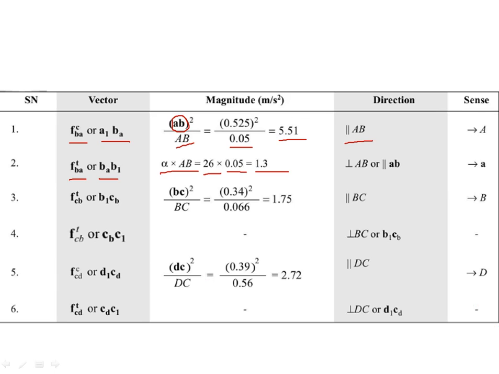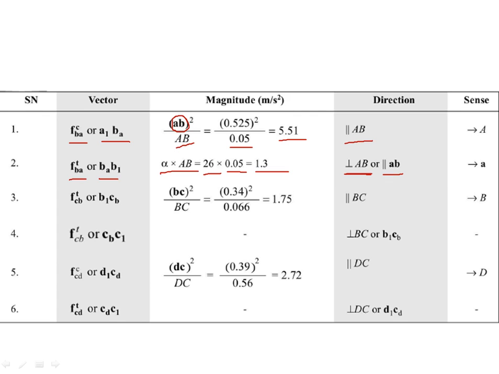Next, we have to take this value, the tangential acceleration part, perpendicular to AB. By the word tangential, you can understand it is perpendicular. So for this, you have to take the perpendicular direction, perpendicular to capital AB. That is nothing but parallel to the velocity, because already for velocity you take perpendicular to the length of the link.